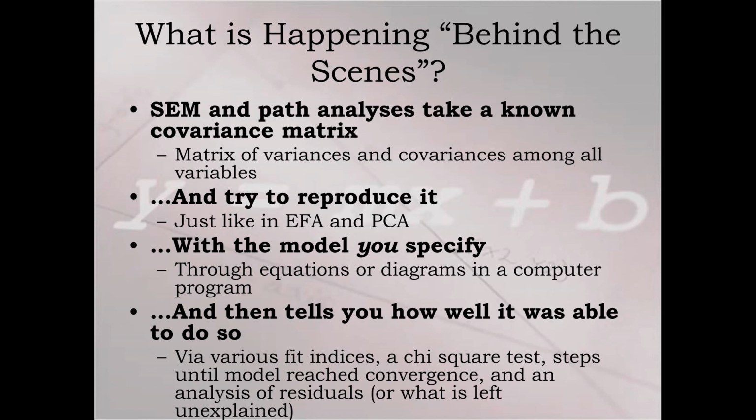And the way we can tell how well it did so is through these various fit indices, a chi-square test of significance, how many iterations it took for the model to reach convergence, and the analysis of residuals or error and unexplained variance. And we're going to practice all of these things.